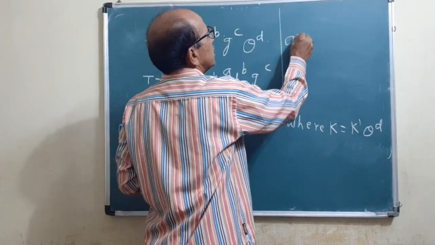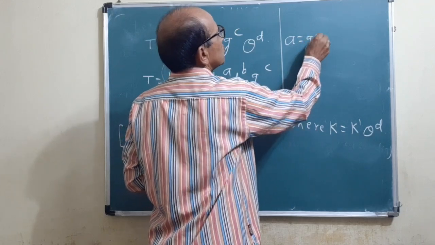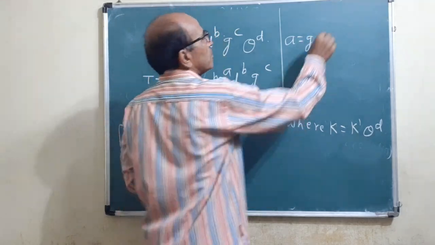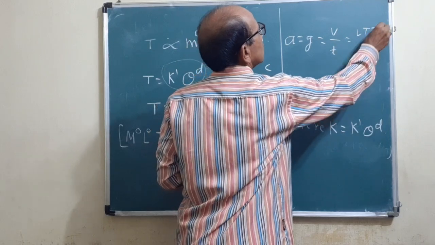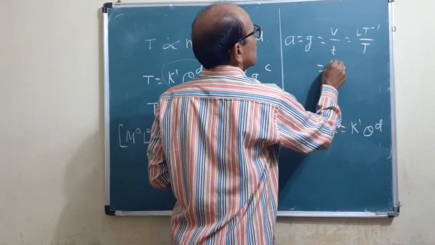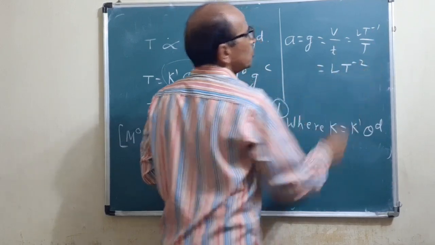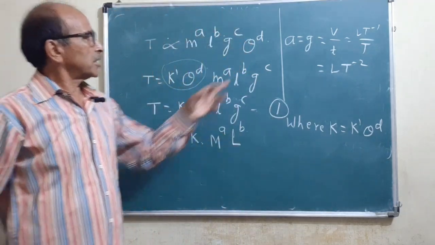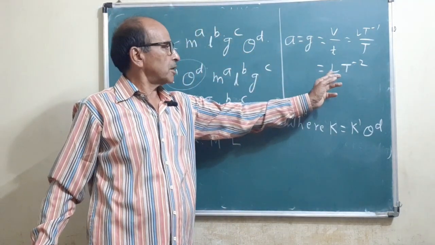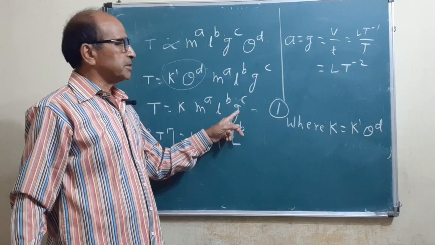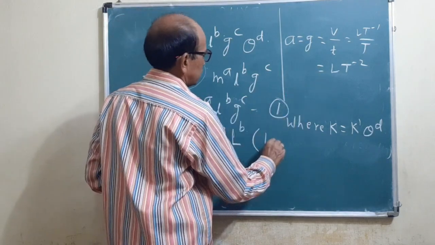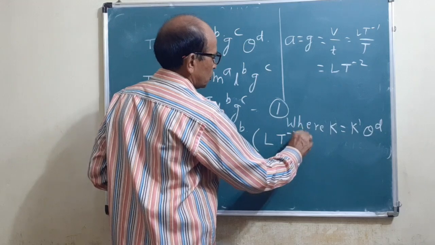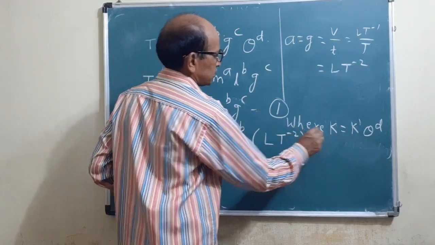As you know, acceleration is equal to velocity by time. So velocity is L T minus 1, divided by T, gives L T minus 2. So remember, acceleration and acceleration due to gravity mean the same here. So in place of g you can write L T minus 2, to the power c.